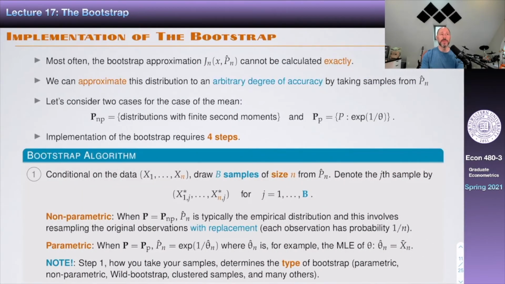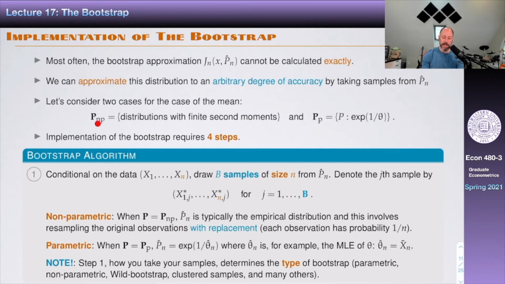So, implementation of the Bootstrap. I said most often the Bootstrap approximation cannot be calculated exactly. It's not an analytical expression. So we have to simulate this. And I wrote we can approximate the distribution to an arbitrary degree of accuracy by taking samples from this empirical distribution P hat n. We're going to consider two cases for the case of the mean. The first one is when bold P, which I call here bold P NP, is distributions with finite second moments.